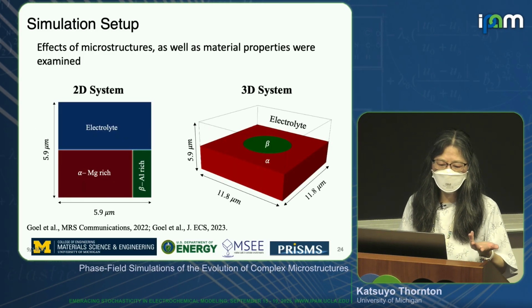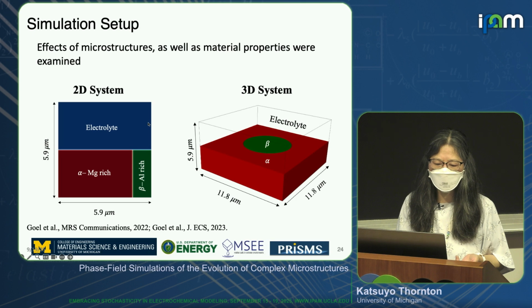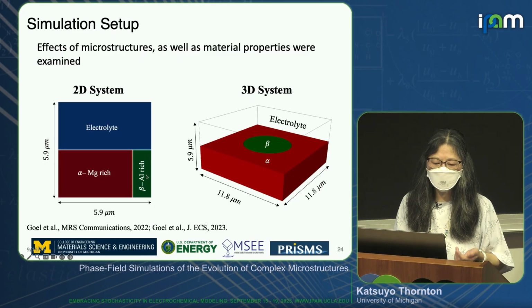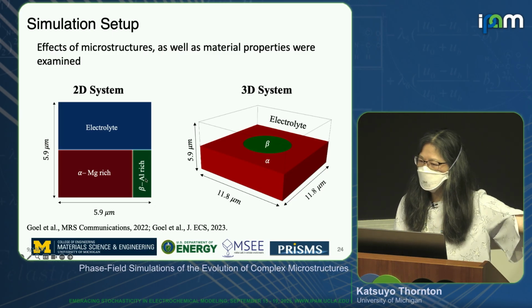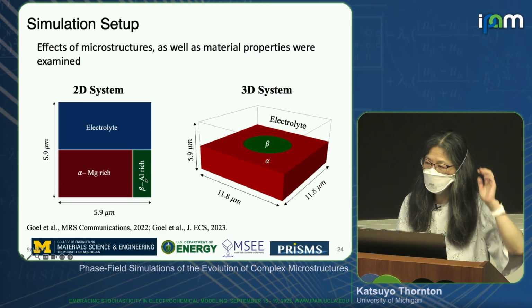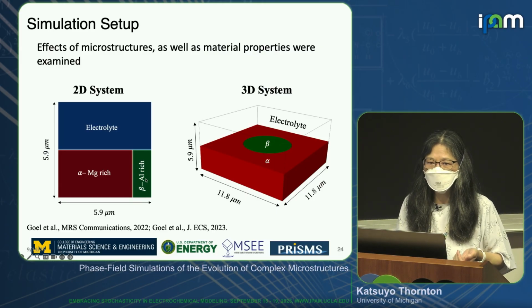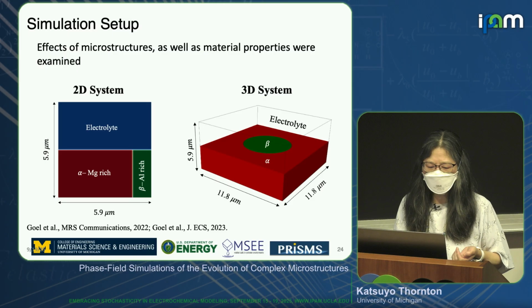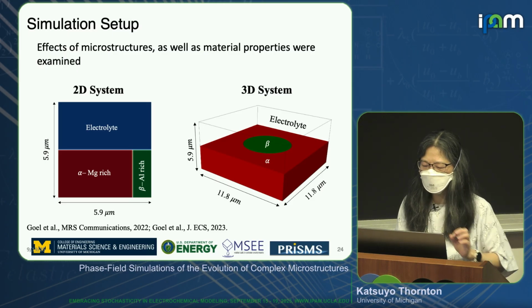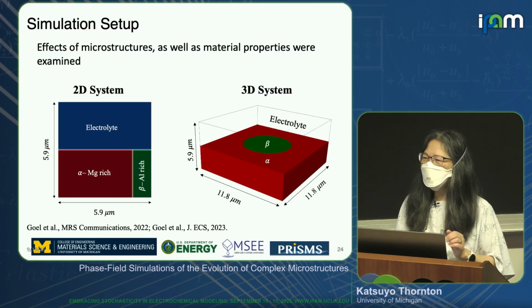So the simulation setup usually looks like this. You have electrolyte, magnesium-rich phase, and aluminum-rich phase. I forgot to mention that the microstructure I showed you is a magnesium alloy called AG, what was the number? I forgot. AG something.